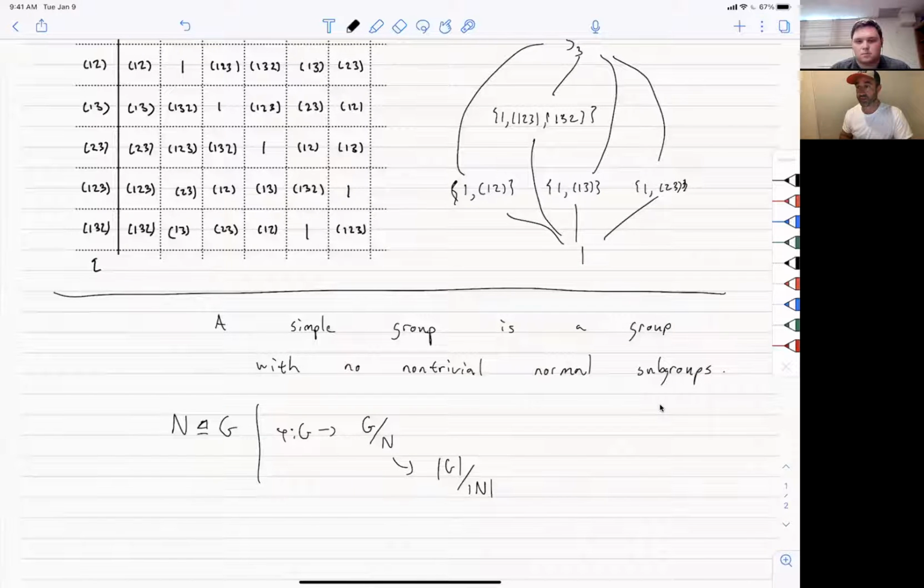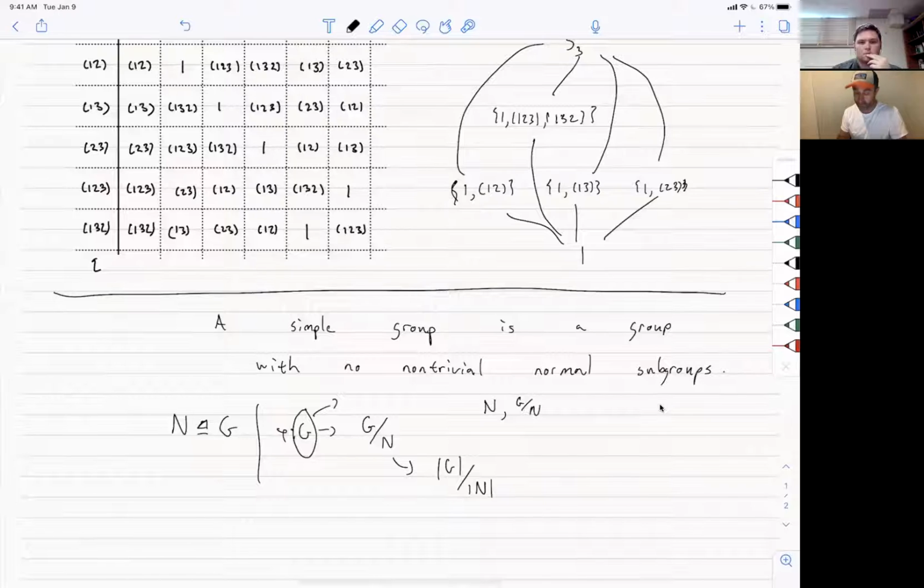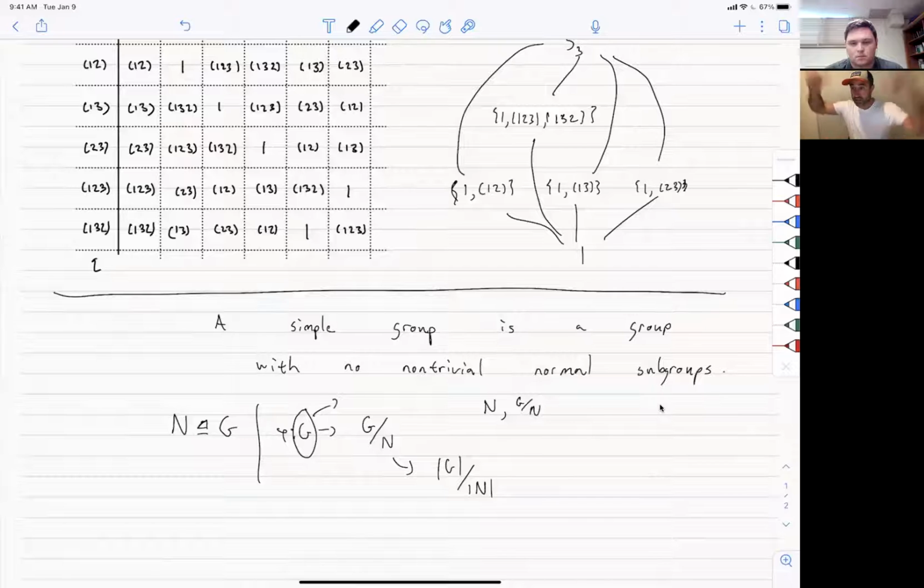And because N is order 50, I know what N is. In fact, what I can do is assemble G. I can understand G by appropriately putting together N and G over N. So I understand these two more basic, smaller groups, and I can assemble the larger one.